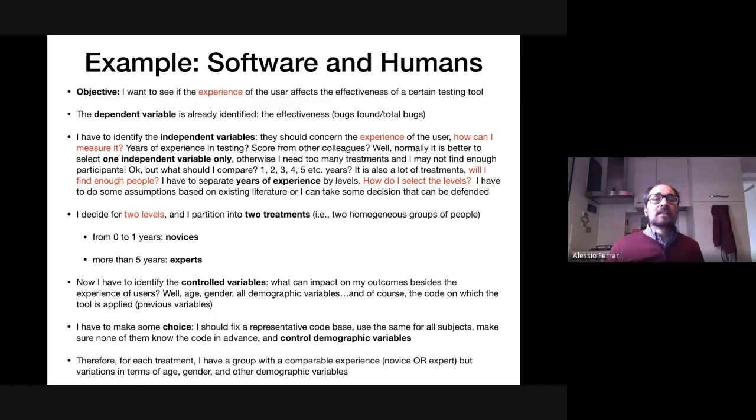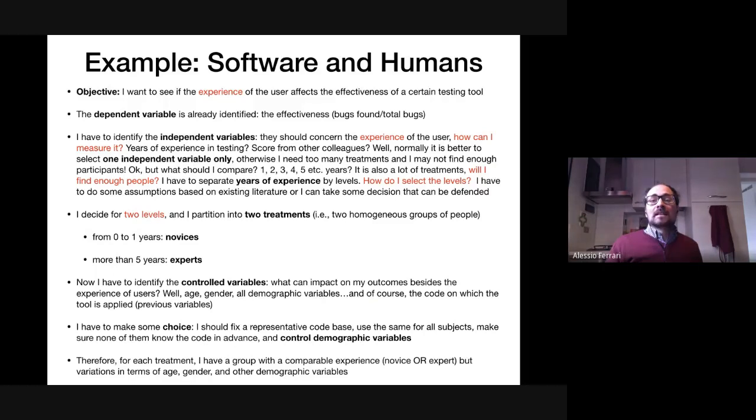The dependent variable in this case is the one that we took from the last experiment, so the effectiveness, that is the number of bugs found divided by the total number of bugs in a certain piece of code. This is the dependent variable that I want to observe, while the independent variable is the experience of the user.